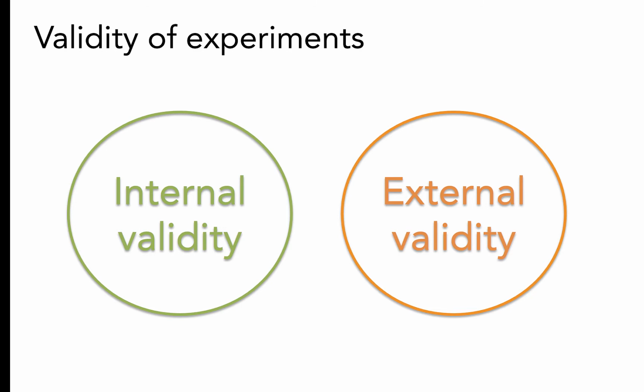In other words, how sure are we that X leads to Y and not something else is causing Y? External validity means, how replicable are the results we found in a natural setting? Would the results still hold if we were to replicate this experimental setup in a natural setting? So in other words, how robust is the effect? How realistic is the effect? I'll give you several examples of threats to internal validity and external validity.